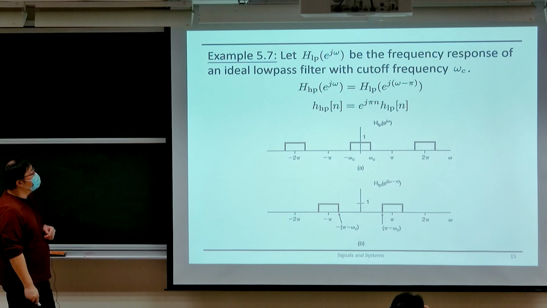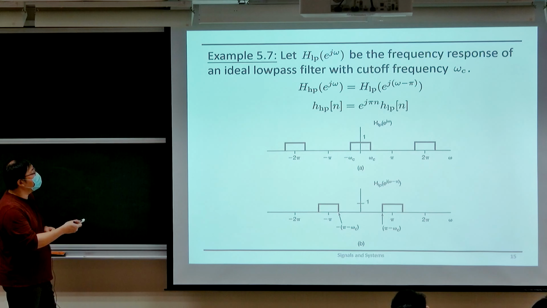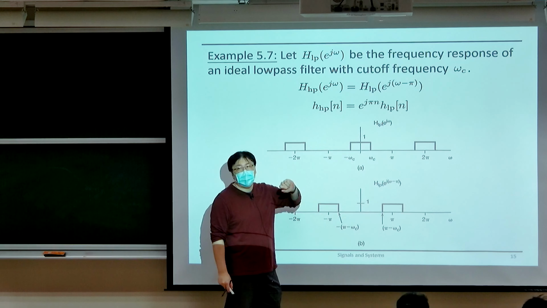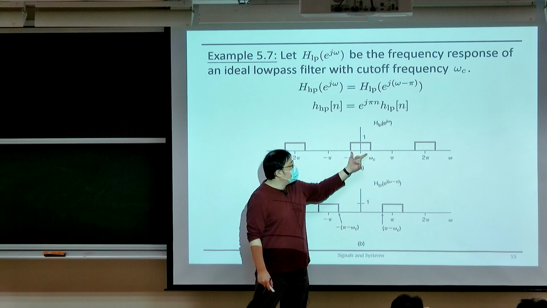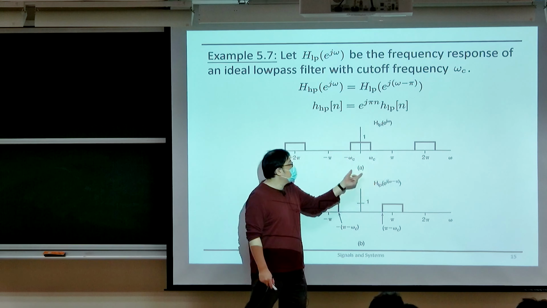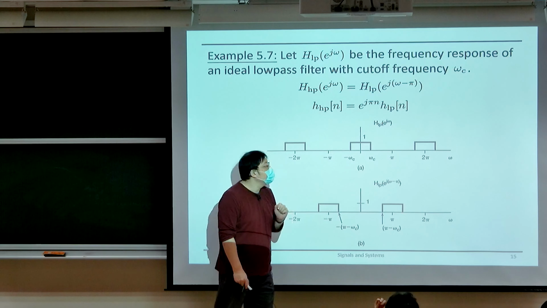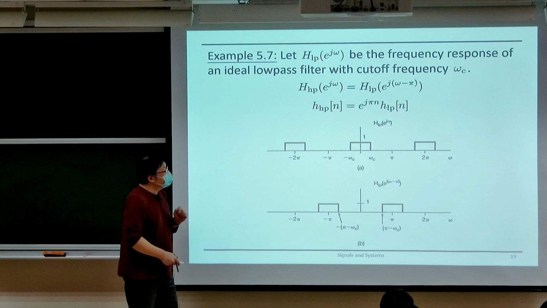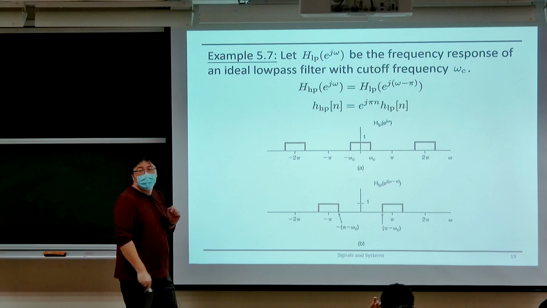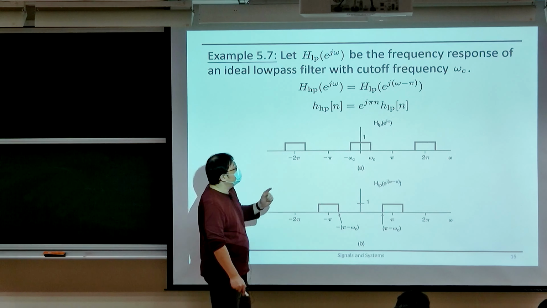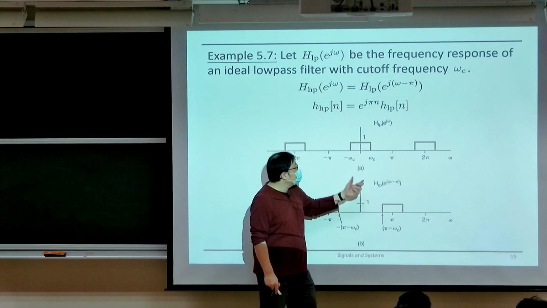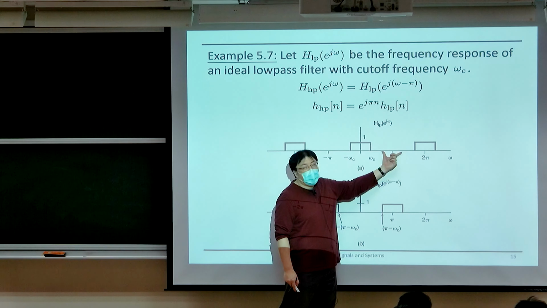So here is just a simple example. Suppose that you have this ideal low-pass filter, which has a spectrum that looks like this. For an ideal low-pass filter, we want to let through signals at low frequency and eliminate all signals at high frequency. And this is again periodic with period 2 pi. Now, if you take a frequency shift of this low pass by pi, then you will be moving this to high frequency.